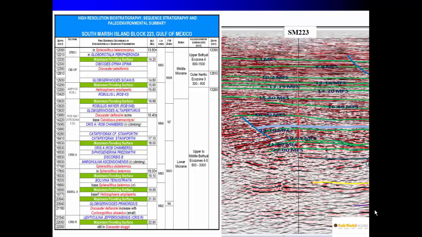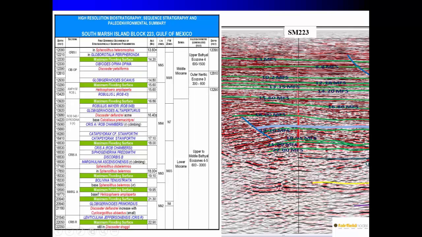Okay, so now what we do is we look at our maximum flooding surface identified, and now we correlate that with the well. So we take the well trace in here, and then we can move the maximum flooding surfaces in seismic time.